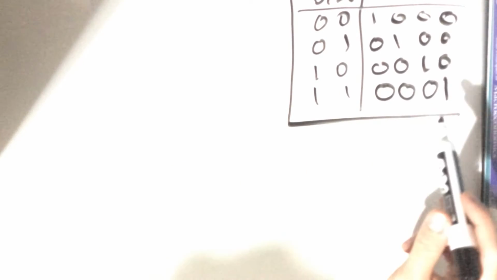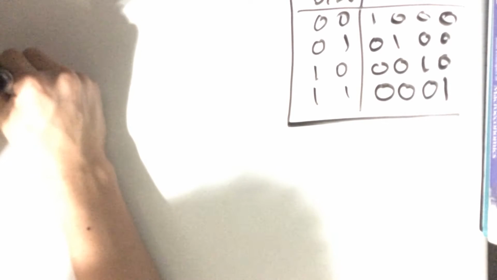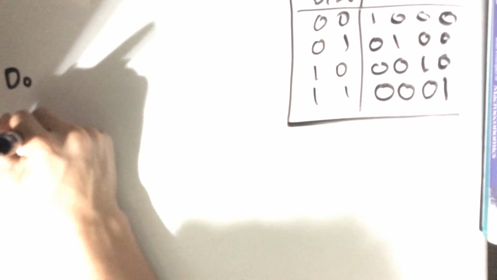So how would we go about drawing this on the lowest level with gates? The way we achieve this effect, where only one output is set at any given time, is through the use of AND gates. Let's draw our inputs here, D0, D1.